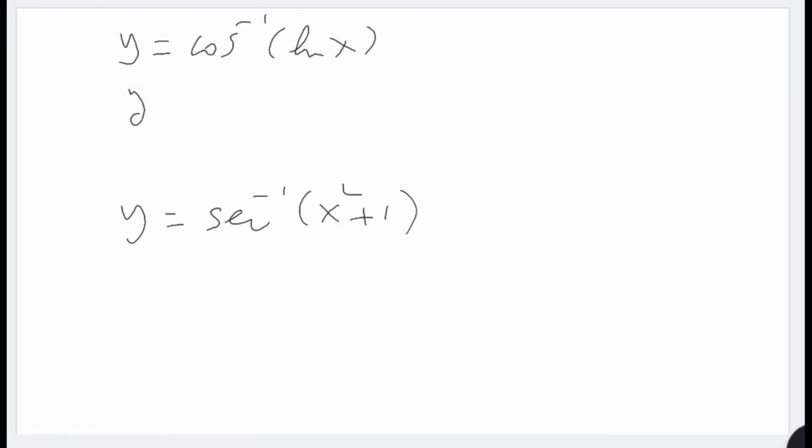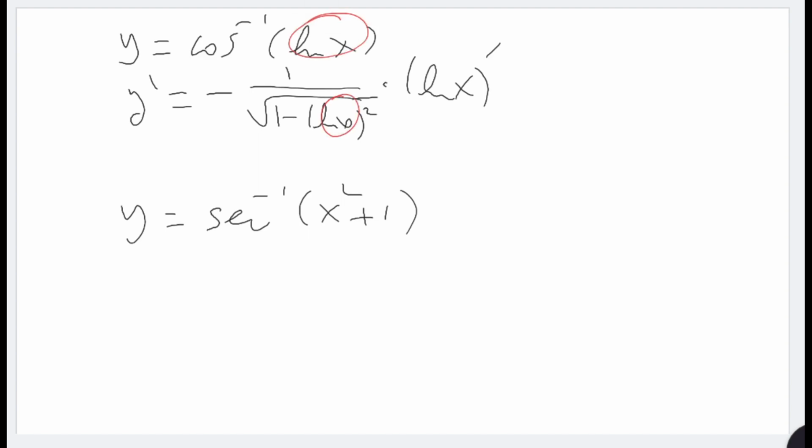So y prime equal to, using the u version, negative 1 over square root of 1 minus log squared, times log prime. So this is like a u, like a u, like a u.